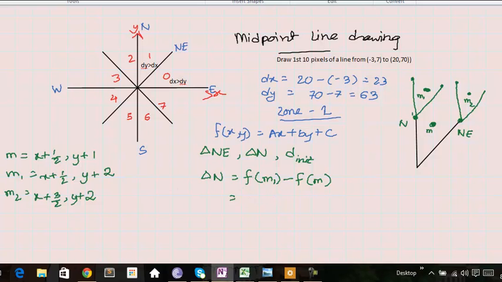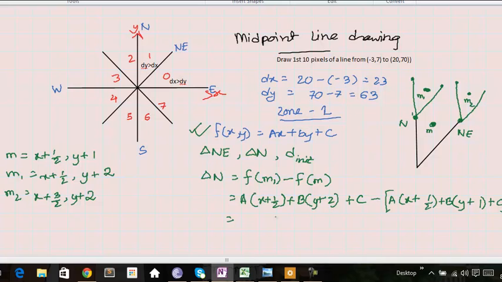Alright, so fm1 minus fm. f is the general function equation, so we just plug in the values. So a(x plus half) plus b(y plus 2) plus c, minus a(x plus half) plus b(y plus 1) plus c.